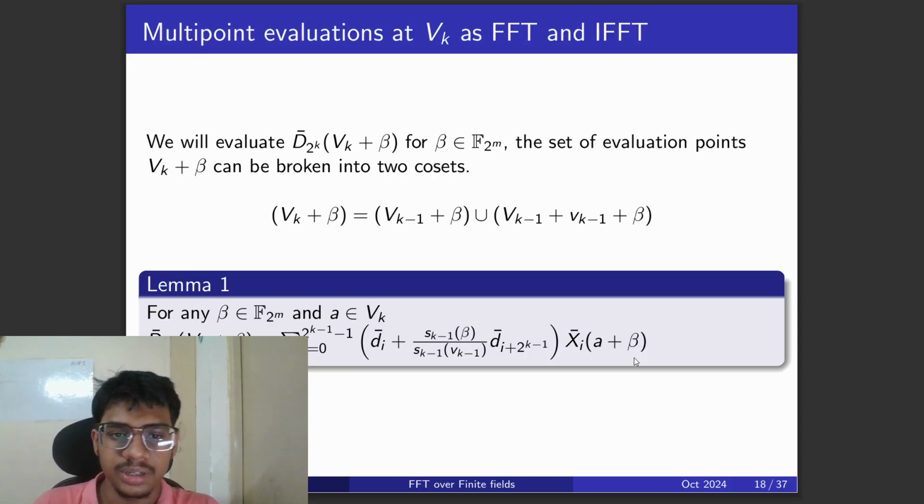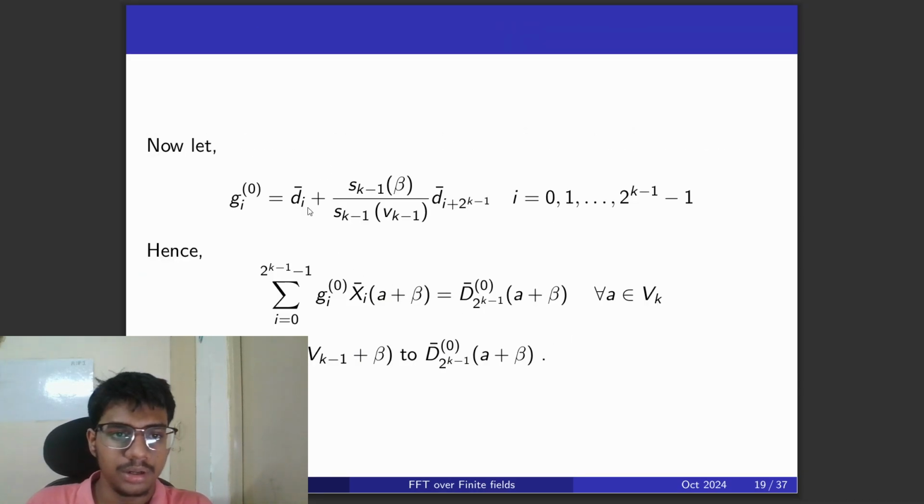We can assume the bracket part to be g of i, superscript g of i0, and i ranges from 0 to 2 to the power of k minus 1 minus 1.